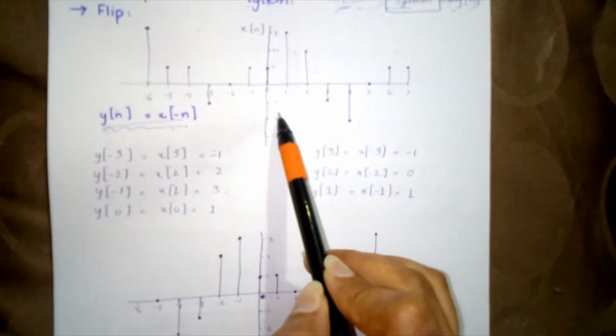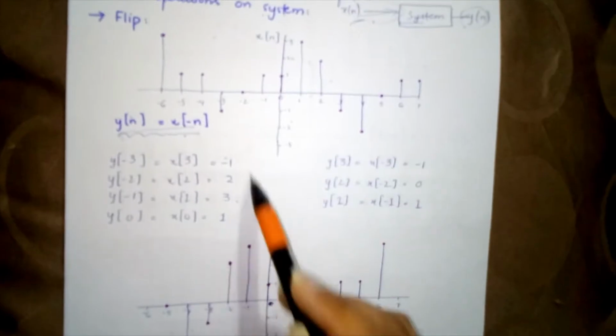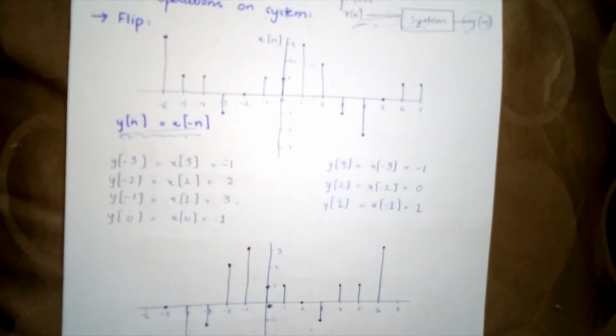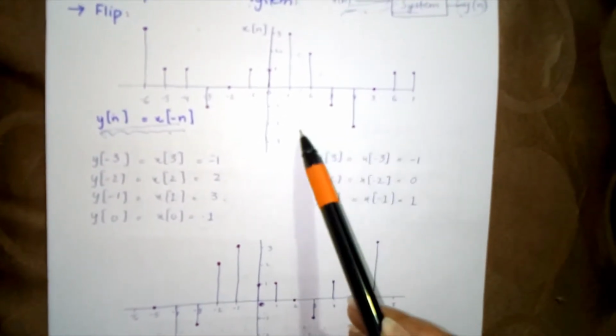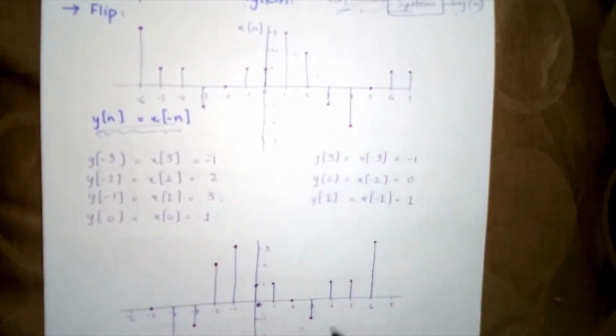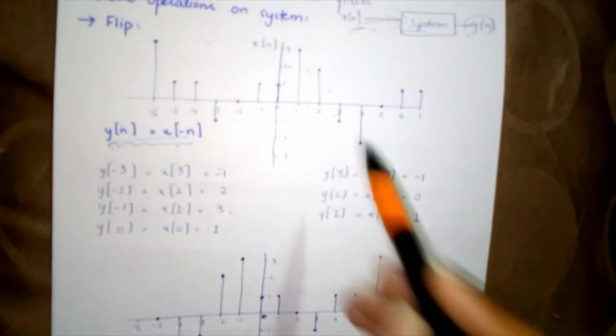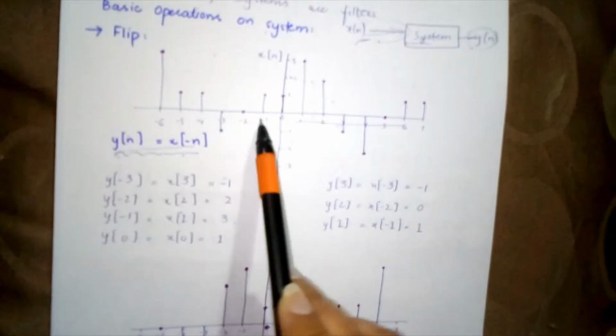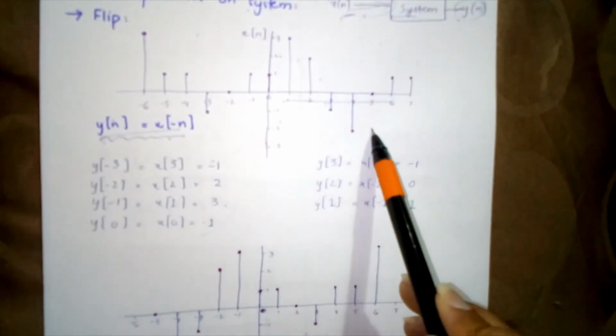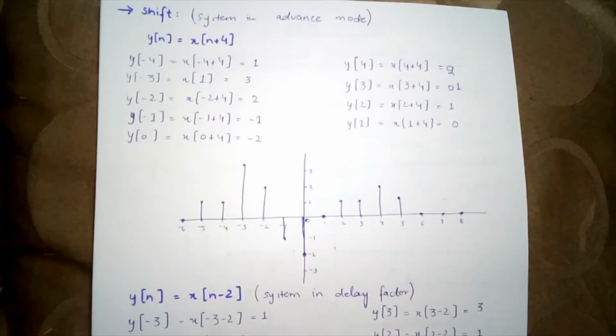This is the original signal, and we get the values and draw an output signal at the end. We can see that this is the original signal and this is the output signal. This side will turn over to this side and this side will turn over to this side in the flip operation.